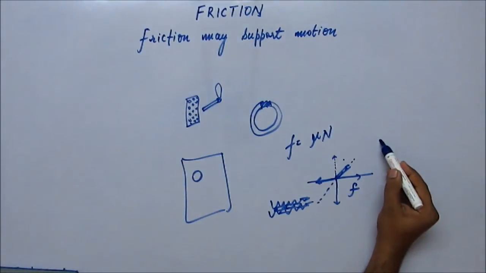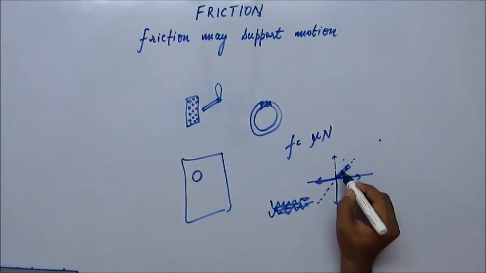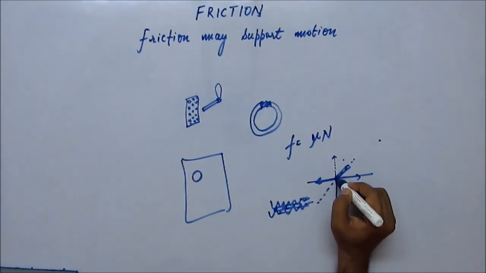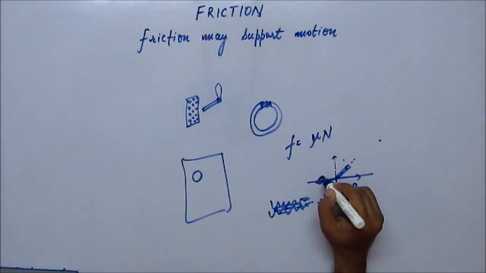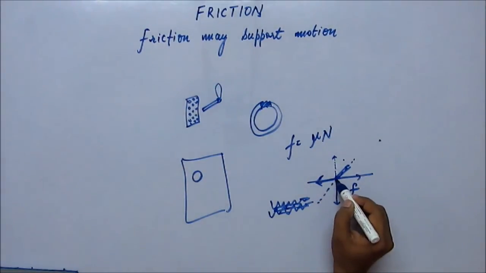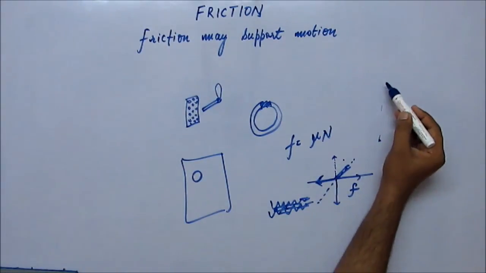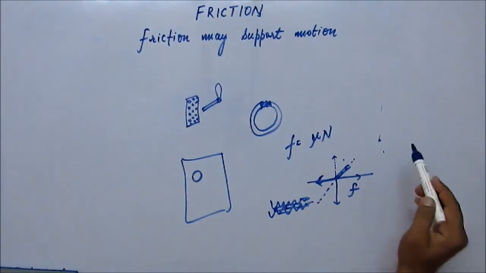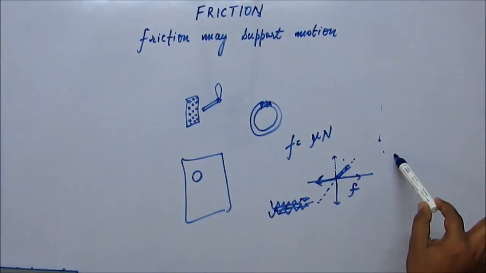Otherwise, holding a pen like this would not have been possible, because one part would have been countered by normal reaction, but the other would have gone uncountered, because if there is no friction, then this force will remain unbalanced. So the pen will start to move, it will slip. You cannot hold anything like this. I'm holding the marker like this only because there's a friction force acting in the backward direction.